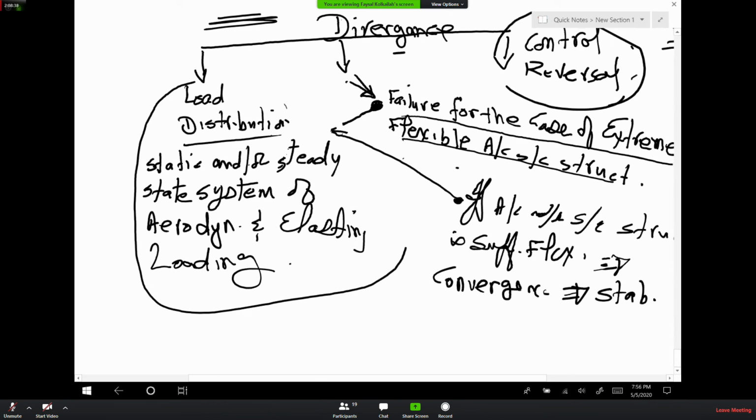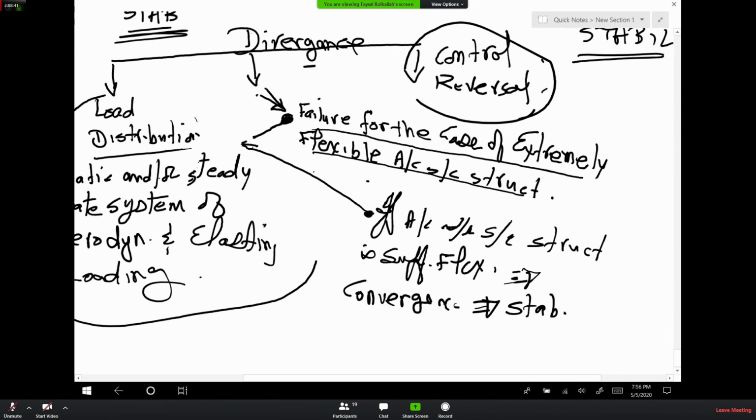It depends on the structure, extremely flexible or sufficiently flexible. Extremely flexible, divergence will take place and we'll have failure. Sufficiently flexible, it will maneuver itself and will converge itself to some kind of stability, and that will be this case, control reversal. And as I said, this is not our situation. That's again still static stability.